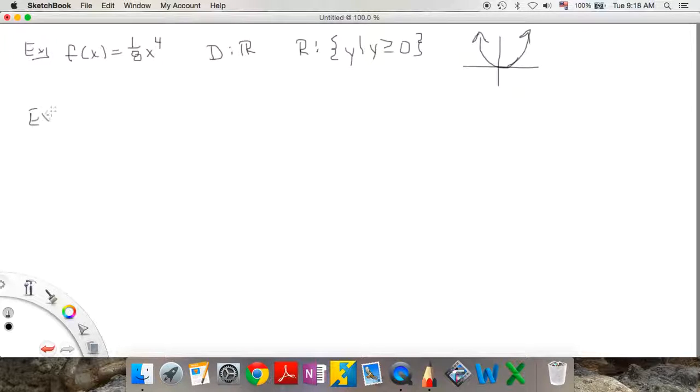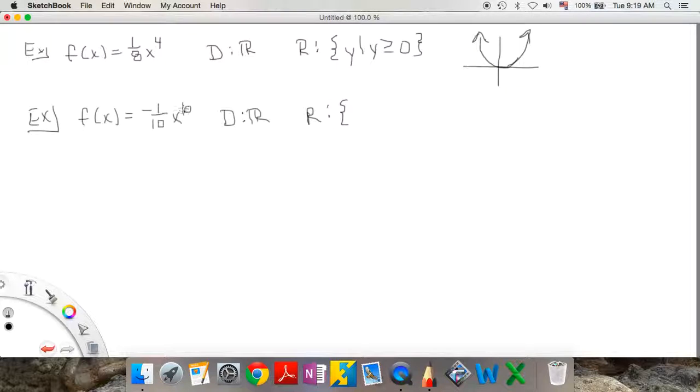All right, let's try another one. Like I say, we're just looking at these briefly so that we can get a handle on this. Now here, again, it's a power function that also happens to be a polynomial, so that means its domain is all real numbers. But what is its range this time?